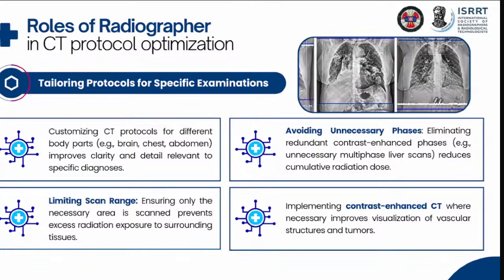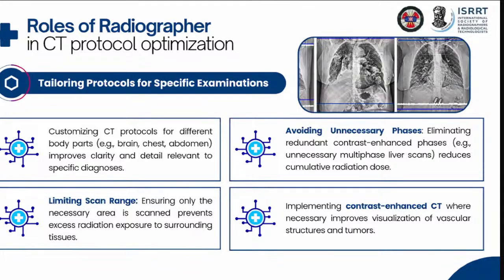And then limiting scan range. By ensuring only the necessary area is scanned, it prevents excess radiation exposure to surrounding tissue. We know that when we do the scanogram, we cannot unnecessarily expose everything. We have to stick to the region that we want to investigate for the planning.